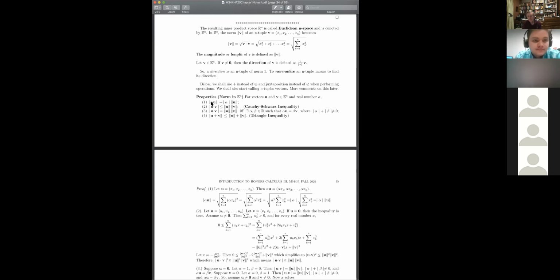This says if I have a scalar multiple of a vector, what's the length of the scalar multiple? It's just the number times the original length. So if I have 2 times a vector, how long is it? It's twice as long as the original one. That's what that says.